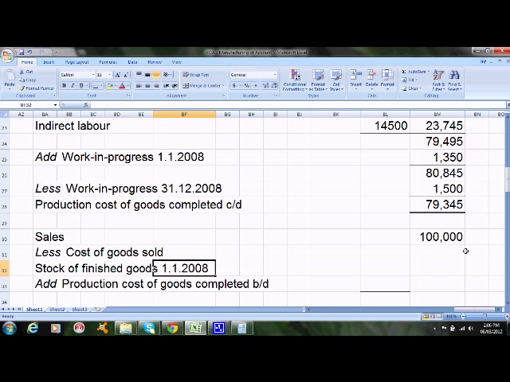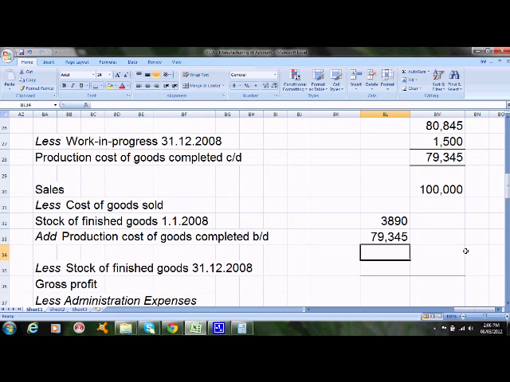And the opening stock of finished goods on the trial balance. Go to your trial balance, please. Stock of finished goods on the first of the first, 2008, is 3,890. So we type in 3,890 right here. We're going to add production cost of goods completed brought down, which we carry from here to here: 79,345.